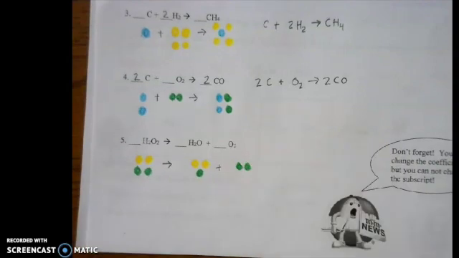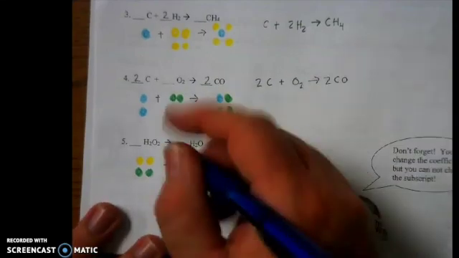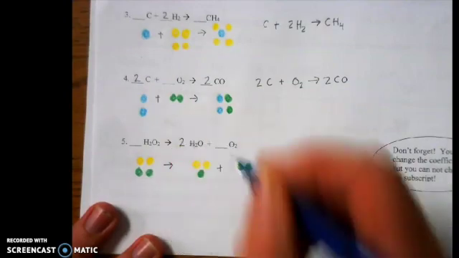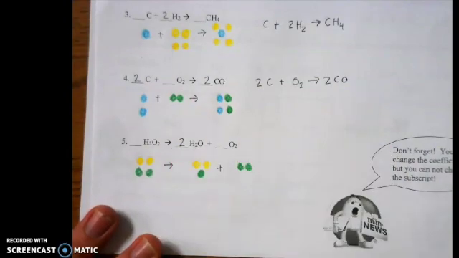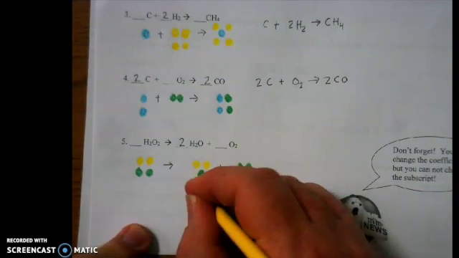And again, we're not balanced. Our hydrogens match, but we've got 3 oxygens on the right and only 2 on the left. So we're going to add another water molecule. Put a coefficient of 2 in front of the water, and then we'll get 1 more water molecule.